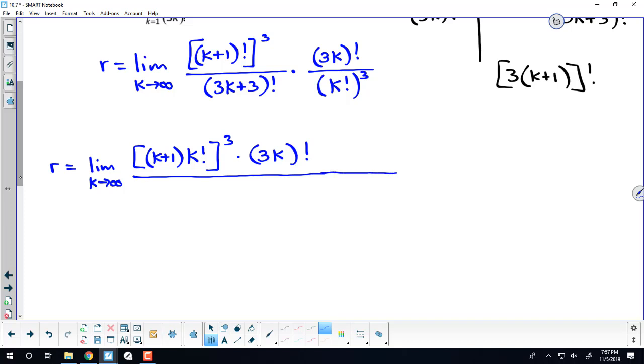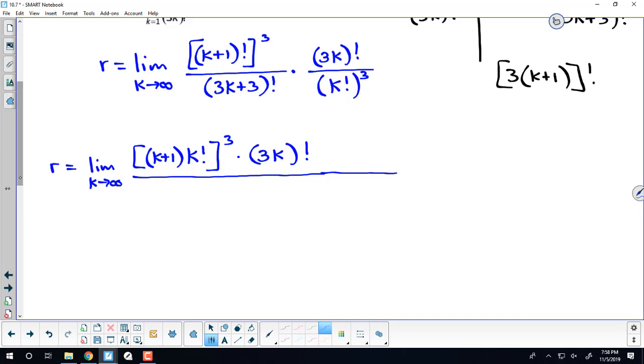Our 3k plus 3 factorial, we want that to cancel out with the 3k factorial. So 3k factorial, 3k plus 3 factorial. How are we going to rewrite that?